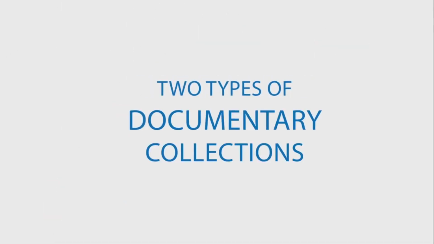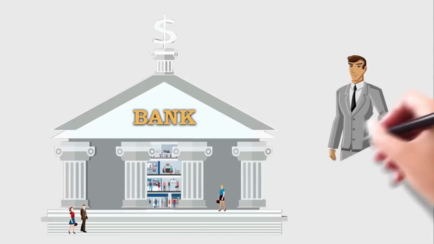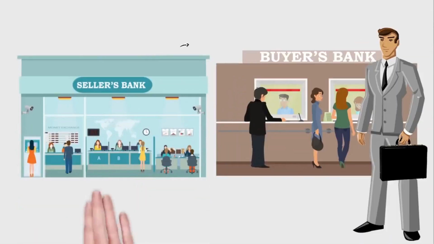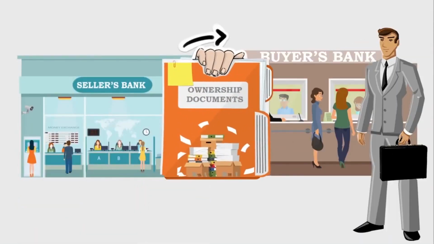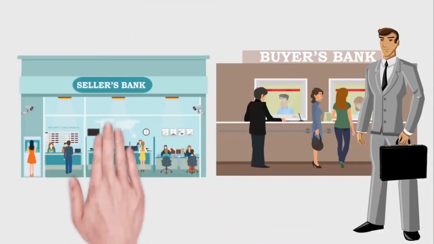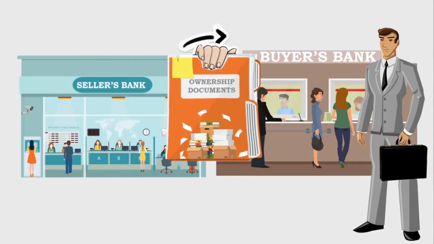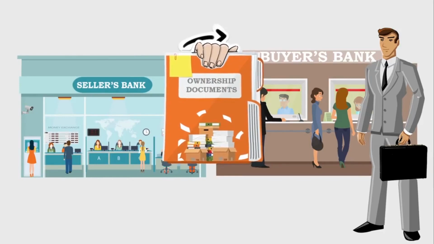There are two types of documentary collections. 1. Documents against payment. The buyer is required to pay as soon as the ownership documents are presented to the buyer's bank. 2. Documents against acceptance. The buyer is required to accept a time draft as soon as the ownership documents are presented to the buyer's bank.